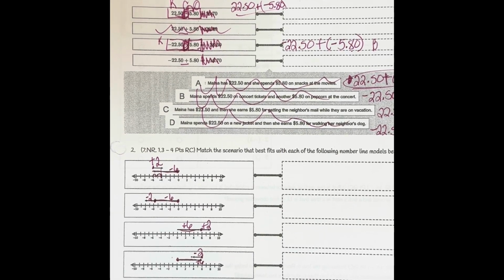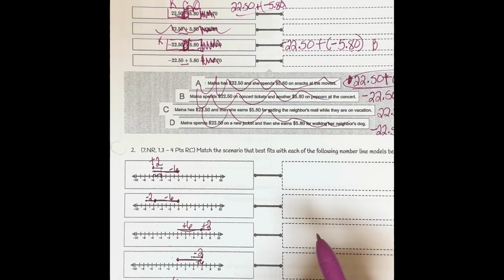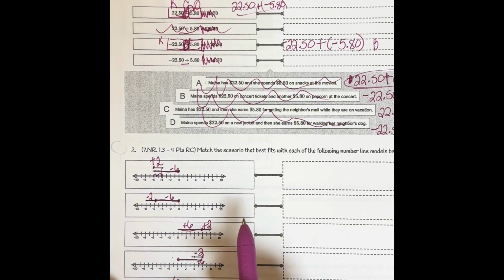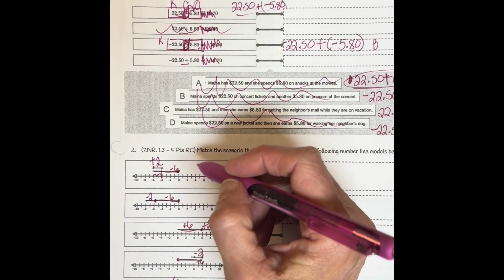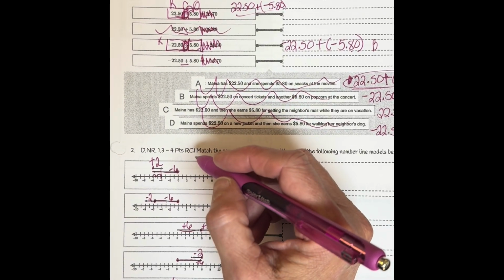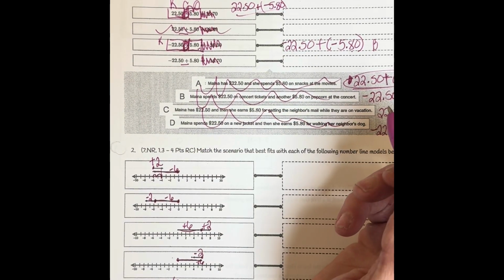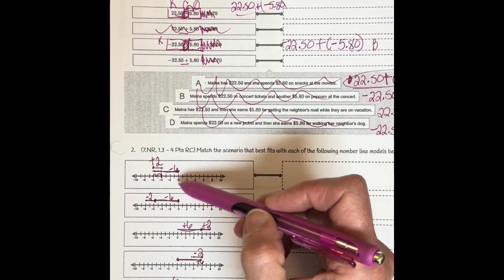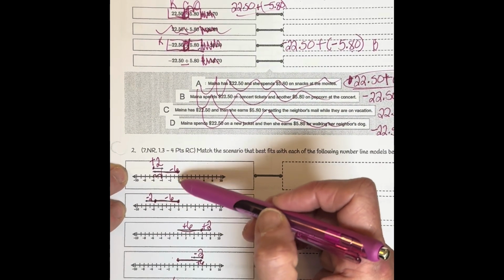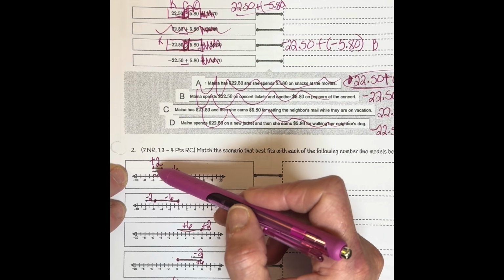Carlin spends 6 tokens. Spend 6 tokens means that we are losing 6 tokens. So any of these number lines where we start at 0 and have a -6 are going to be this one. So it could be either one of these. We start at 0 and go back 6.